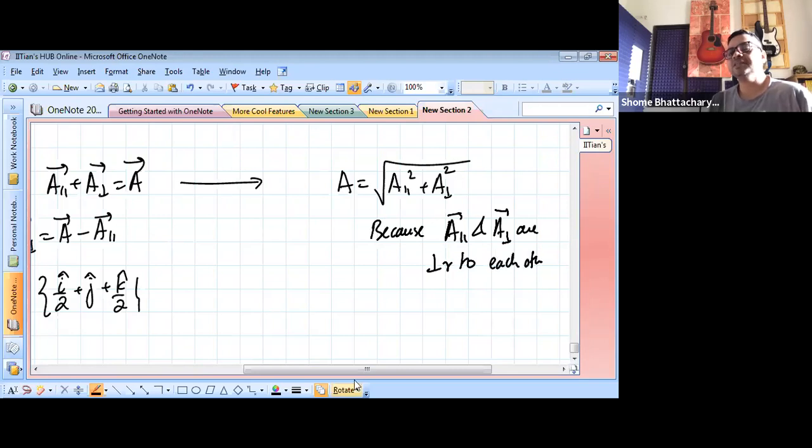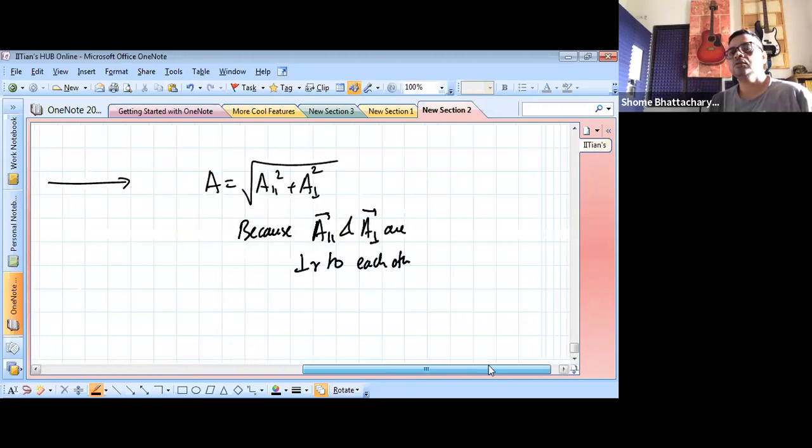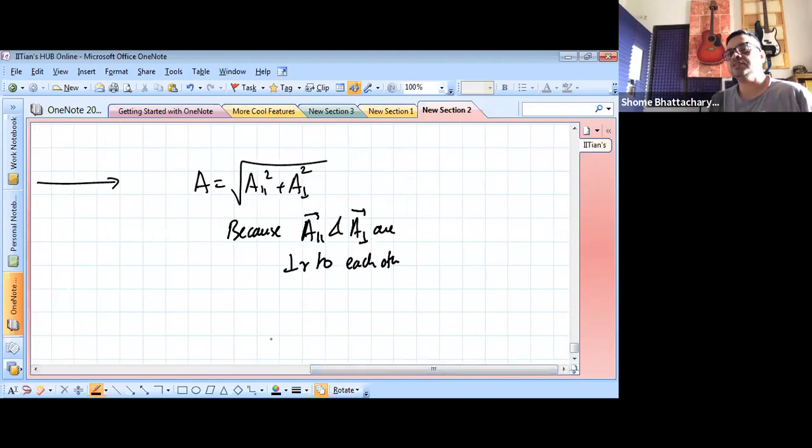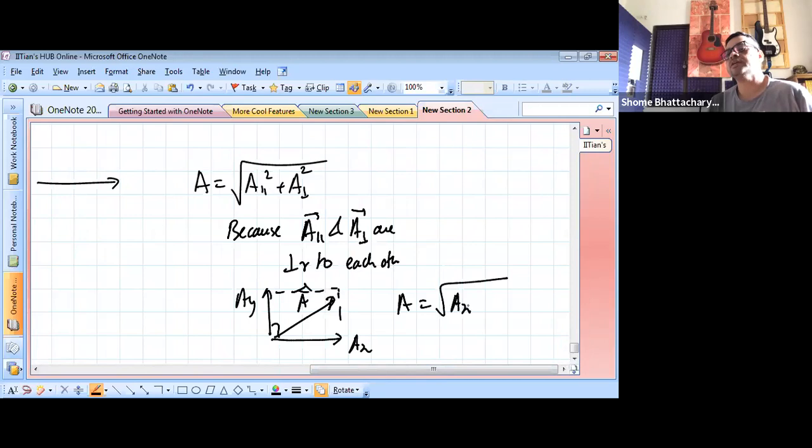So it's basically something like this: if you look at a vector in terms of its x component and its y component, what is the relationship in terms of magnitude? It is root of ax square plus ay square. But what is the relationship in terms of vectors or components? It is ax i cap plus ay j cap.